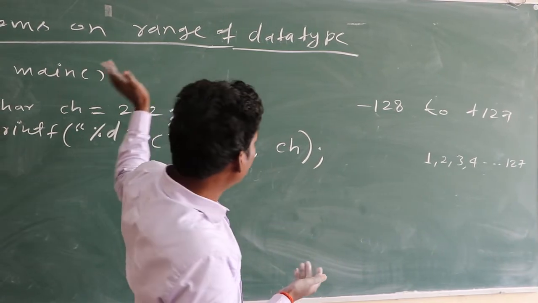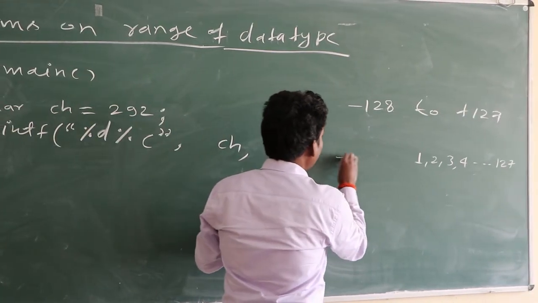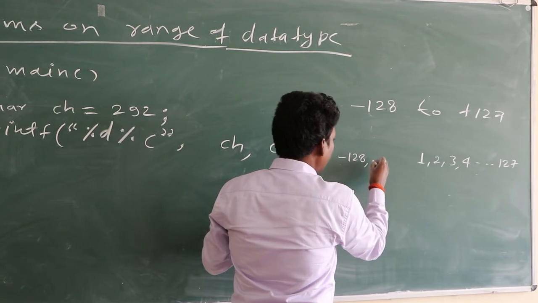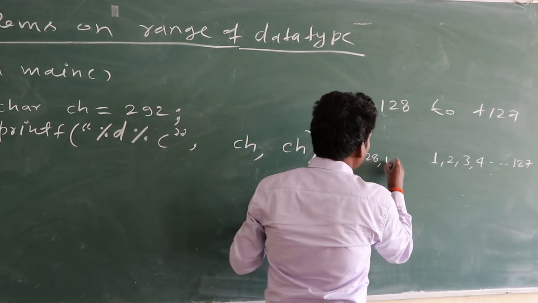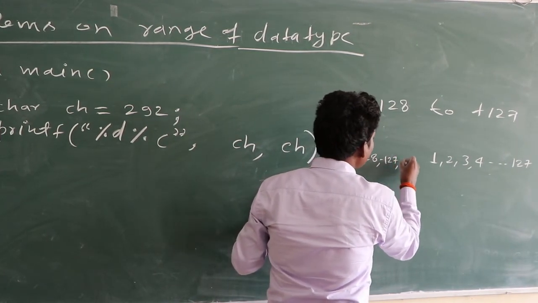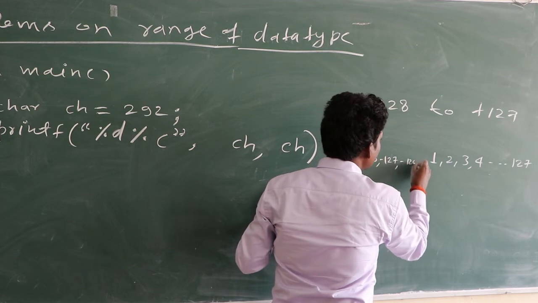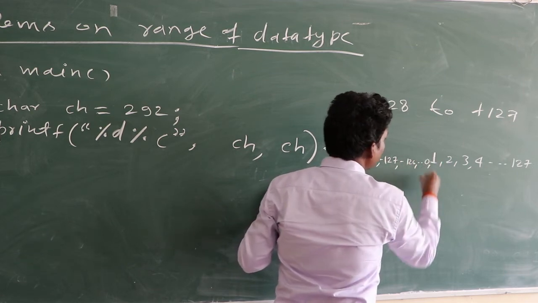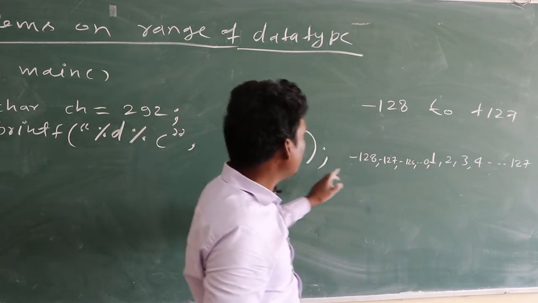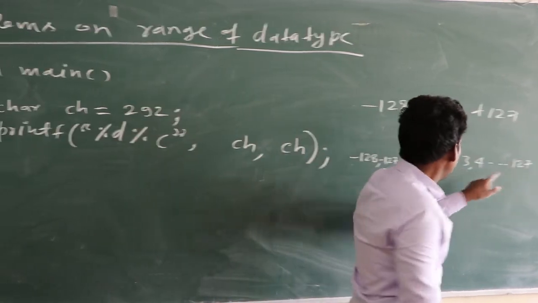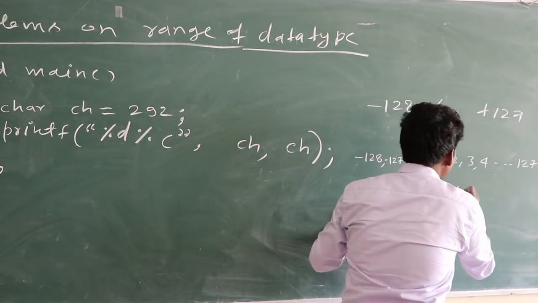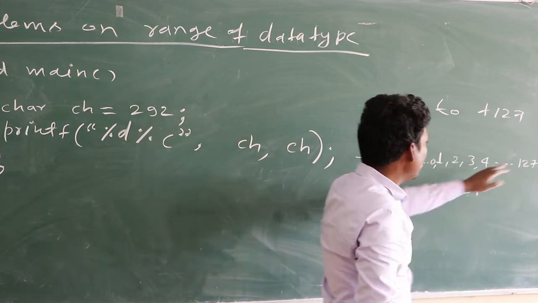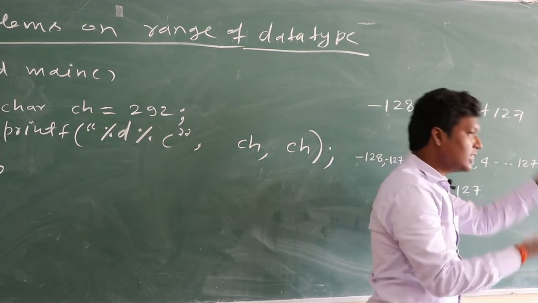It goes to the leftmost side, that is -128. Again you increment the value: -127, -126, ... 0.